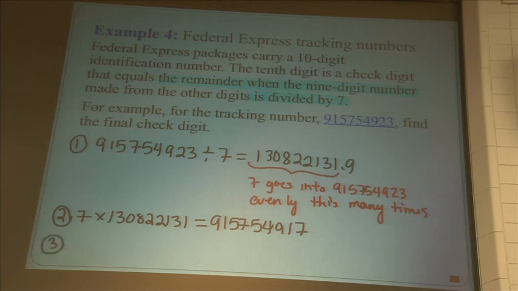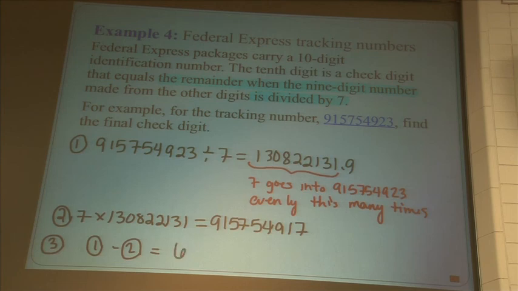We take the number from step 1 minus the number from step 2. All right. 915,754,923 minus 915,754,917 gives me 6.